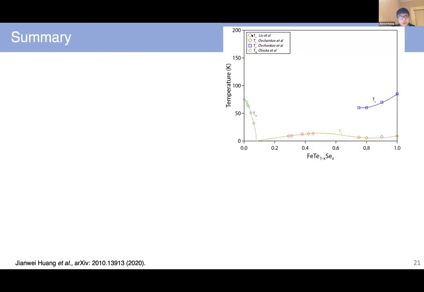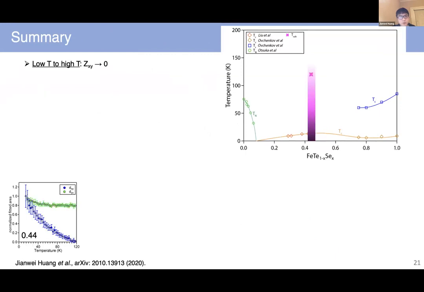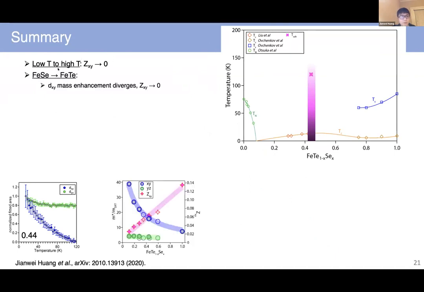And with this, we come to our brief conclusion with a summary. First, we observe this dxy orbital become totally incoherent with increasing temperature. Second, we observe the effective mass enhancement diverges towards this iron tellurium end.